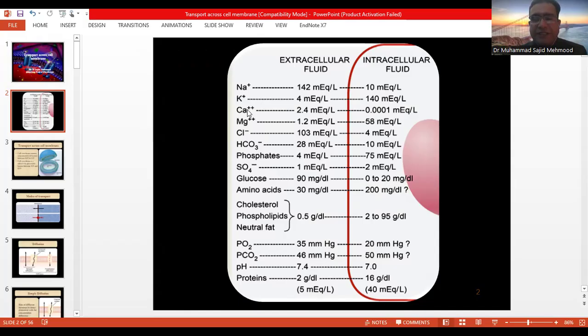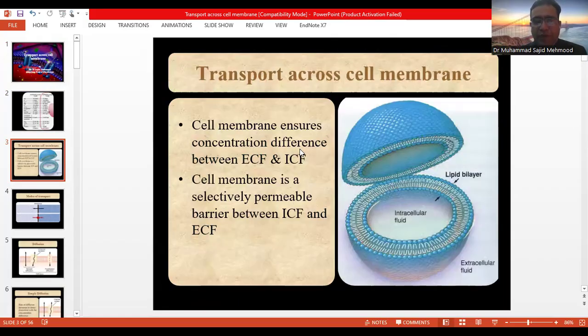Similarly, the potassium concentration is much lower in the extracellular fluid as compared to the intracellular fluid. Similarly, the concentrations of different ions are given in this table. The cell membrane ensures the concentration difference between extracellular fluid and intracellular fluid.